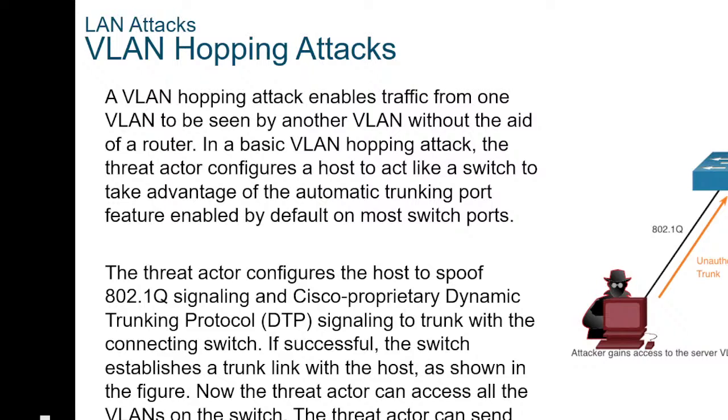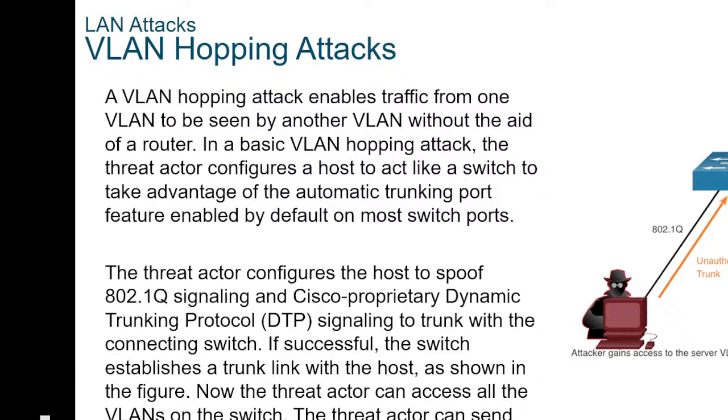If I were to send out a dynamic trunking protocol frame from my laptop, or from my device, I'm going to fool that switch into thinking, oh, now let's trunk. So what happens when we trunk?